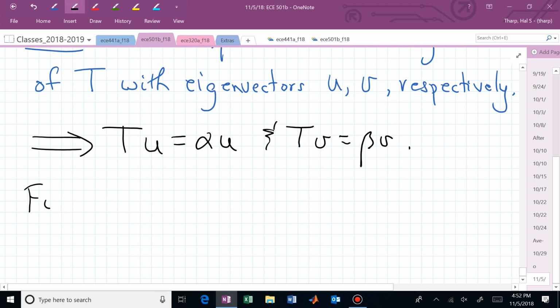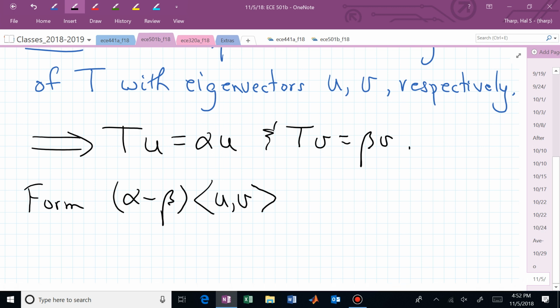Now let me just form a new expression or equation. Suppose I take alpha minus beta, and that's a scalar, and I apply it to the inner product of u and v. What am I hoping? I'm hoping that I can show that that inner product of u with v is what? If I want u and v to be orthogonal, I need that inner product to be 0.